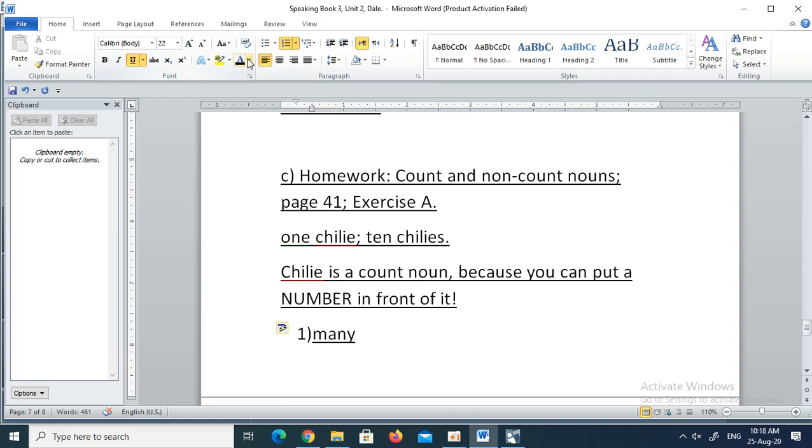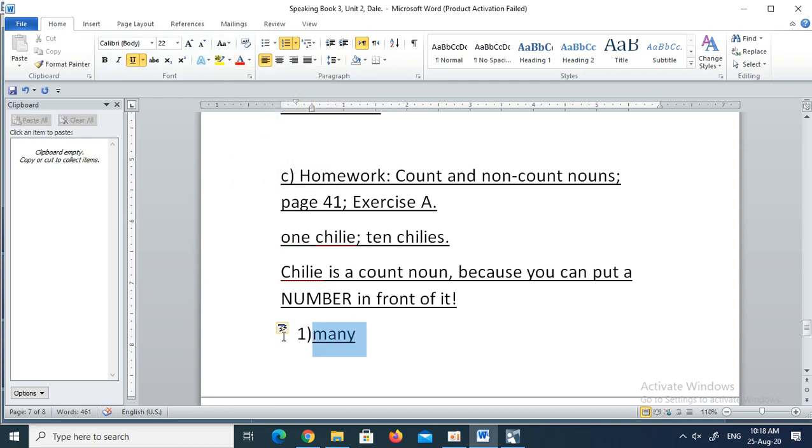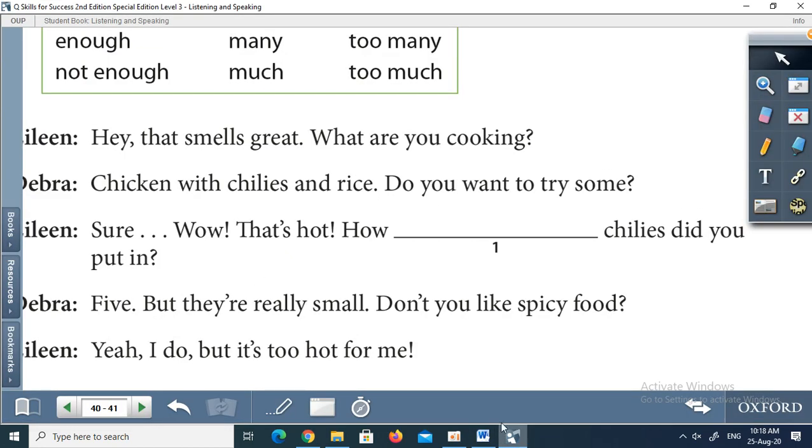Alright, the answer for number 1 is many. So what I need you to do in the book, in that space there, write that word many, and that is your answer.